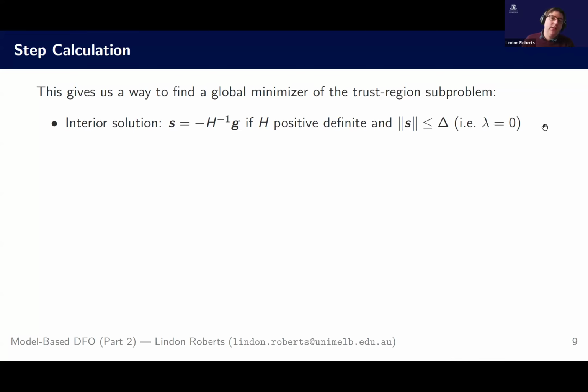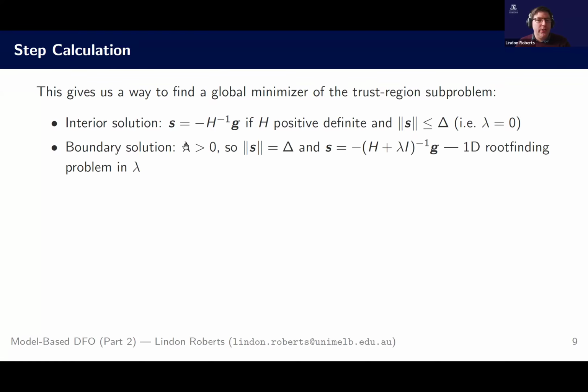Often that's not the case though, and we've got to worry about the case where lambda is strictly positive. So S is given by the matrix being H plus lambda I, not just H. And this is a boundary solution. So if lambda is going to be strictly positive, complementarity means we have to stay on the boundary. And the stationarity of the Lagrangian says that S solves this particular linear system that depends on lambda.